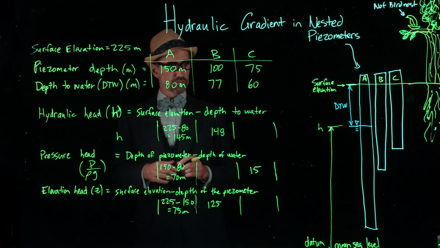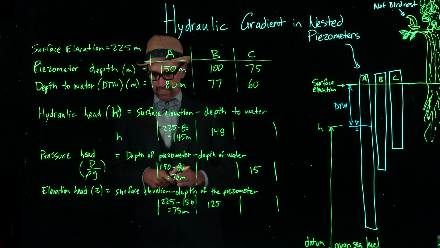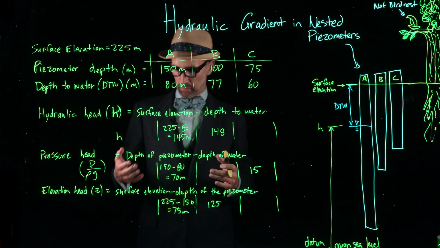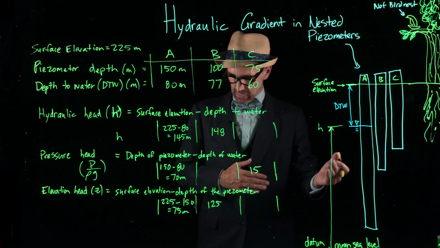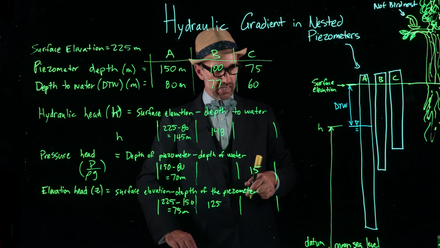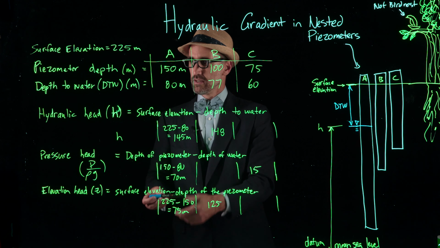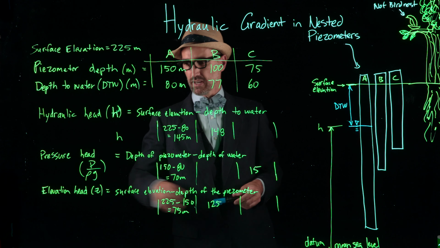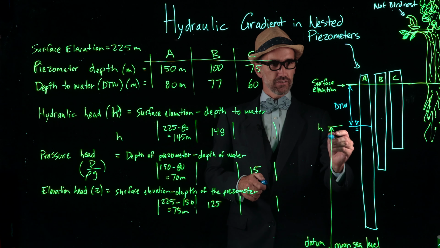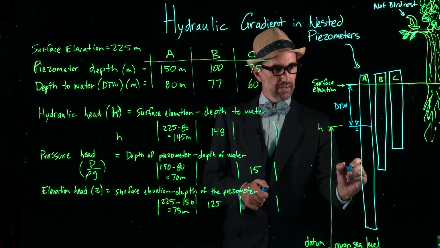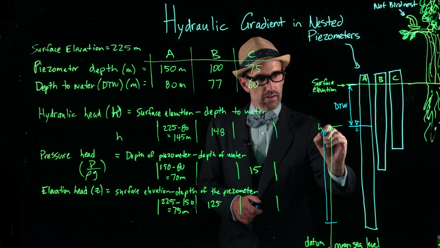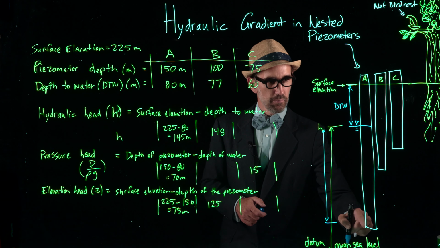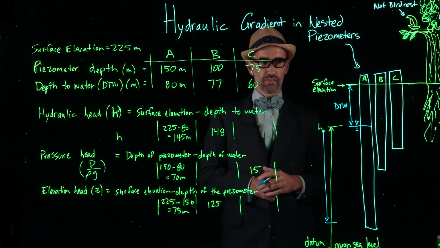So the last and most important thing we want to calculate is the actual hydraulic gradient. But before we do that, I want to take a small moment on the diagram over here to break down more visually where hydraulic head, pressure head, and elevation head come in. So first of all, pressure head is the elevation difference between the bottom of the well and the water table.